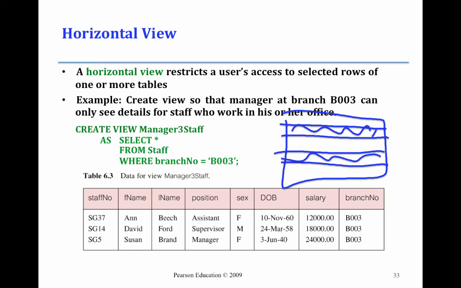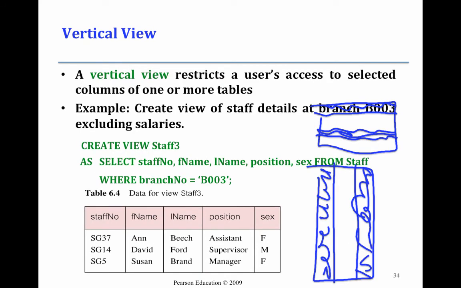That might be, for example, showing the manager of branch B3 only the staff that work at branch B3. We talked about vertical views where you see all the tuples in the relation, but you only see a subset of the columns, such as an HR person able to see all the information about an individual except their salary.